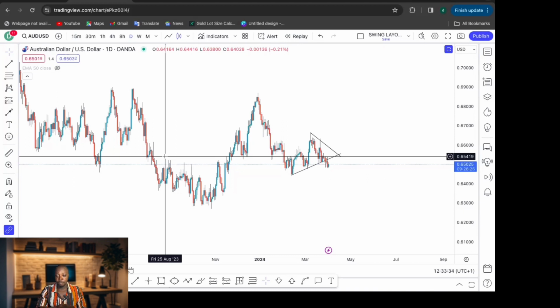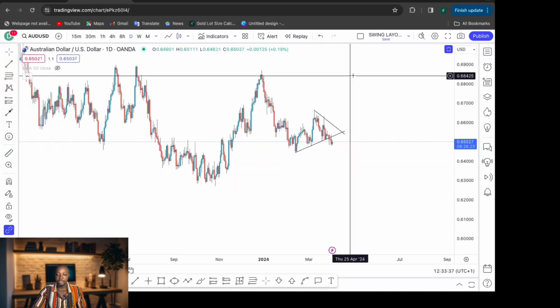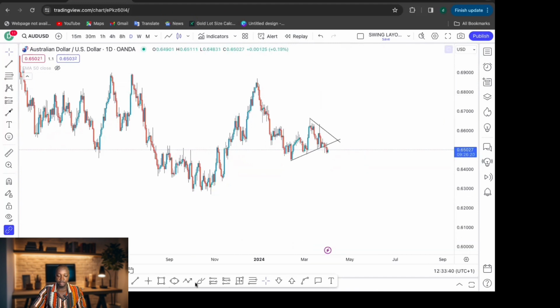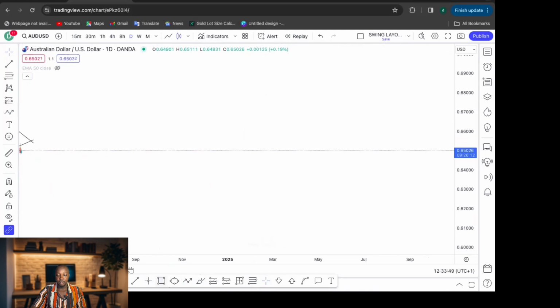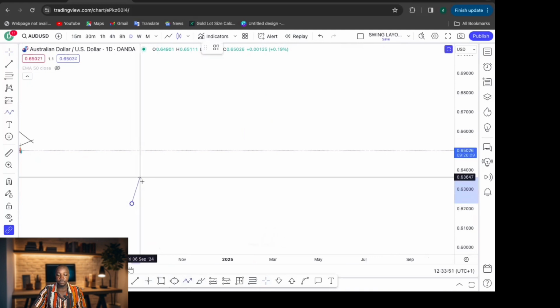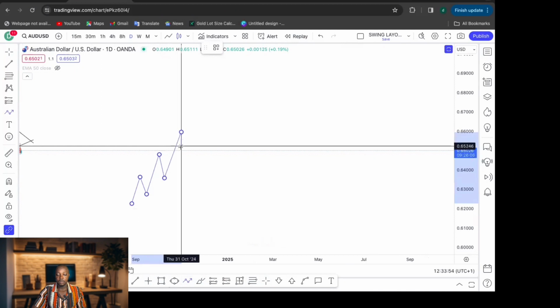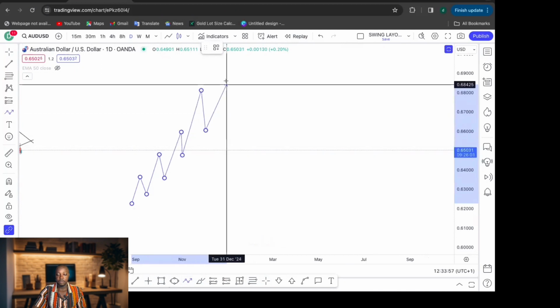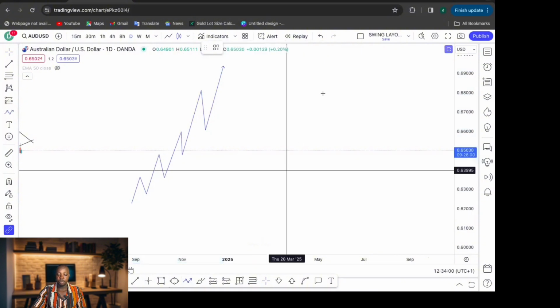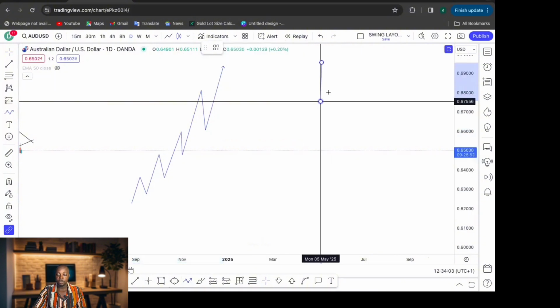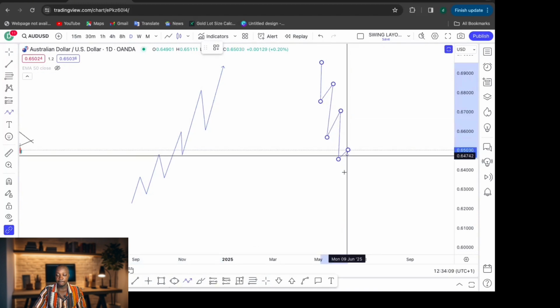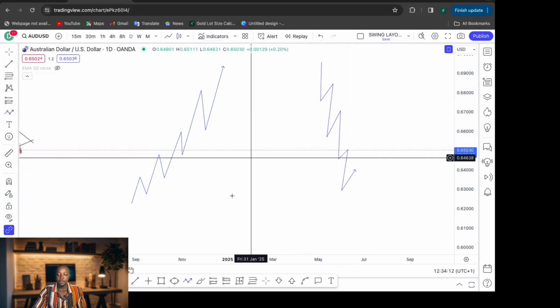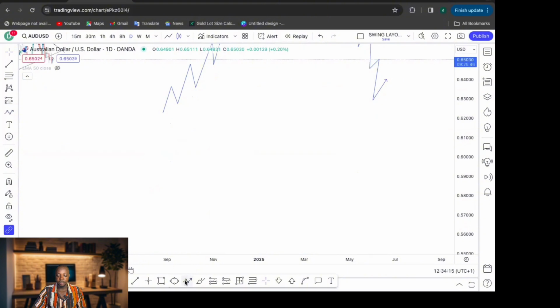A trend is simply the movement of price on the chart. The market moves in three ways. The market is either moving up, or it's moving down, or it's moving sideways.